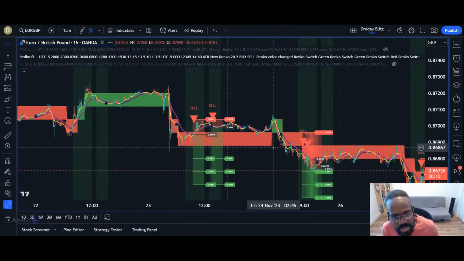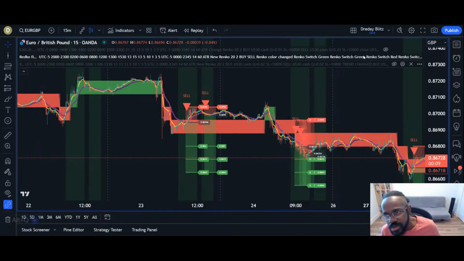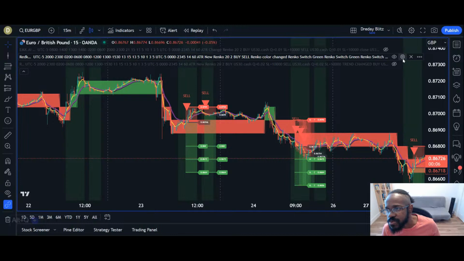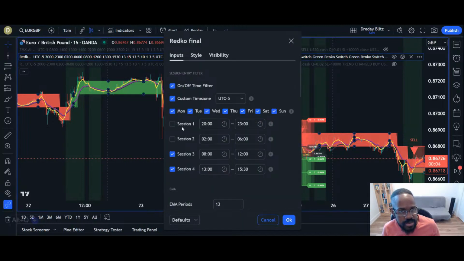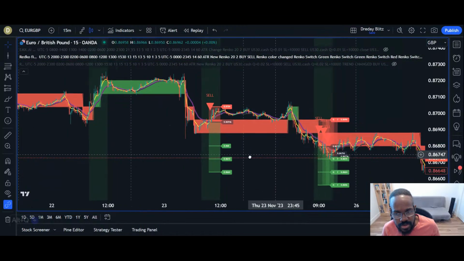So as you can see, if we're trading in session, so right now we're looking at the Euro GBP. Sorry, I have to change that. We're on Euro GBP. So Euro GBP is London and New York open. Okay, so London, New York open.